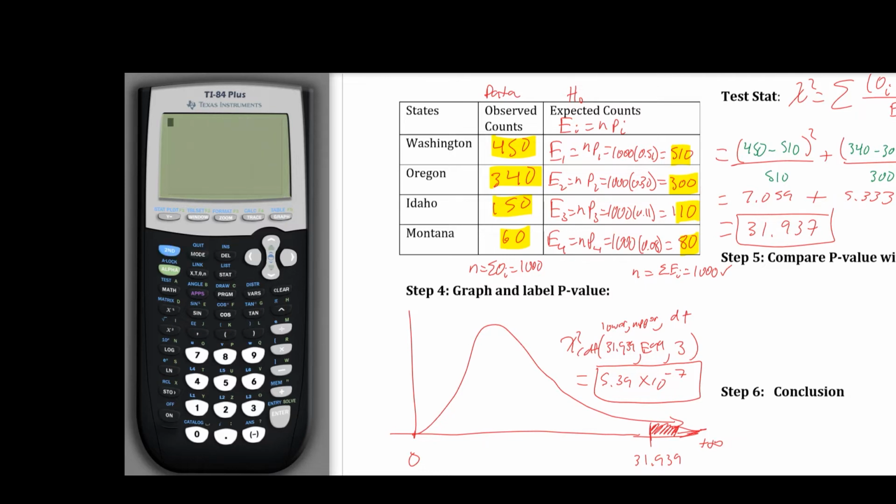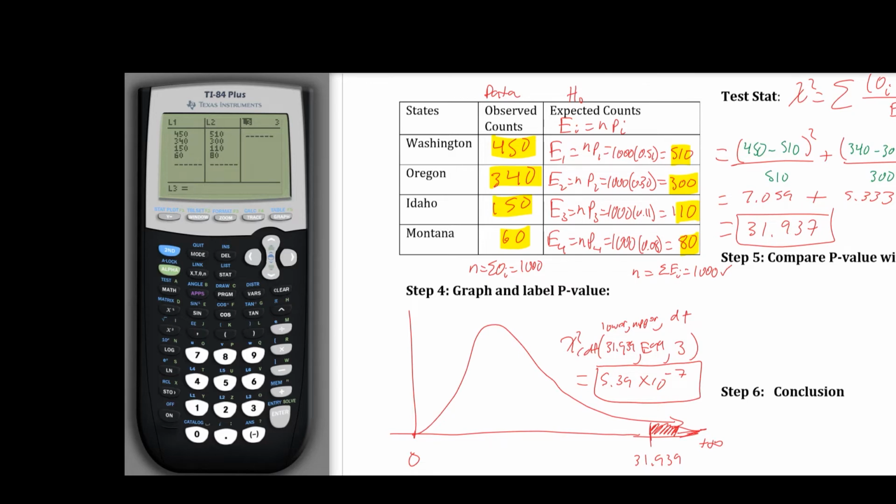If I go to, again, our edit page here. All right, so L1 and L2 are already listed here. If you go to L3, and scroll up to where the L3 is highlighted and press enter, you can actually calculate a formula. And this is what we're going to do. We're going to use the formula of our test stat, which is the observed minus the expected quantity squared divided by the expected.